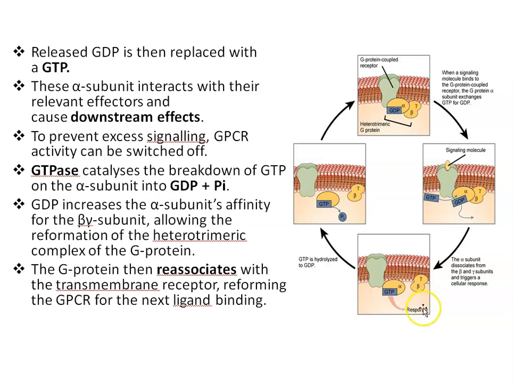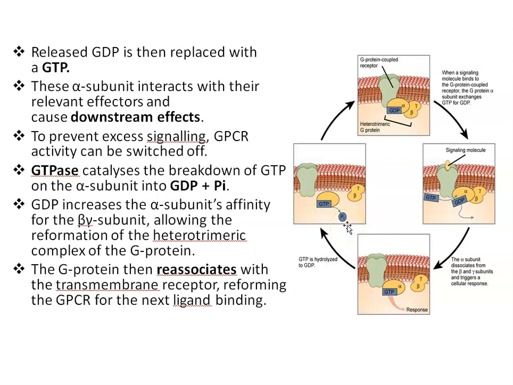Downstream effects means response. Now, to prevent excess signaling, GPCR activity can be switched off. How? With the help of GTPase enzyme. GTPase enzyme catalyzes the breakdown of this GTP on the alpha subunit into GDP and Pi.